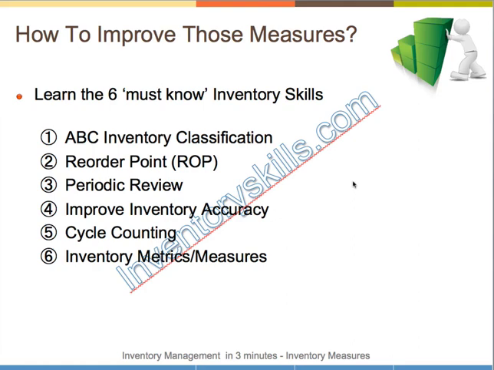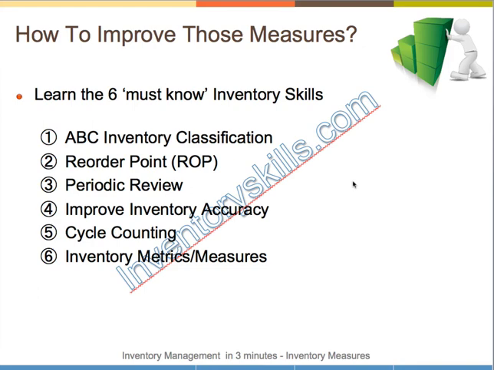It's one thing to work on measuring inventory, it's another thing to improve it. So here are some skills that you should have throughout your whole organization for it to work properly. You must understand what the ABC inventory classification process is all about. You must understand the reorder point. It sounds simple, but there is some theory behind it, especially safety stock calculations, so you must have that well understood in your organization.